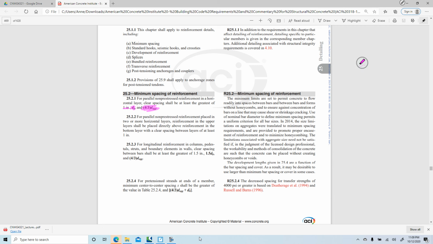And they're talking about the aggregate that you use to make your concrete, right? Concrete is made out of cement, sand, aggregate, water, and then admixtures. So we're talking about the aggregate itself.